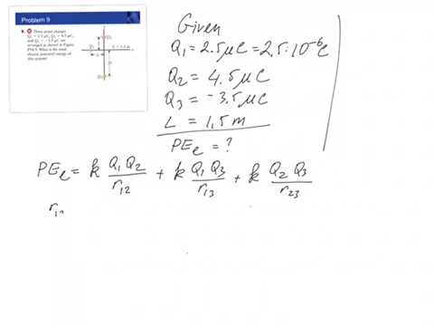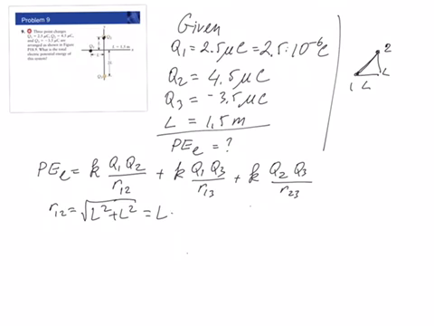R1,2 is the distance between the first charge over here and the second charge over here. So this is going to be L. And the distance over here uses the Pythagorean theorem. So it's the radical of L squared plus L squared.